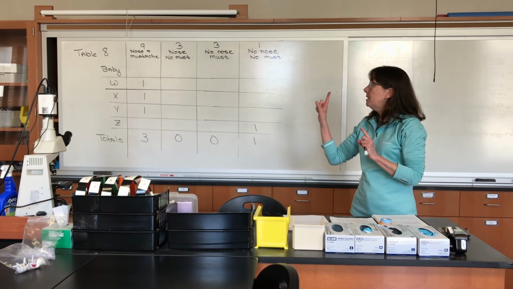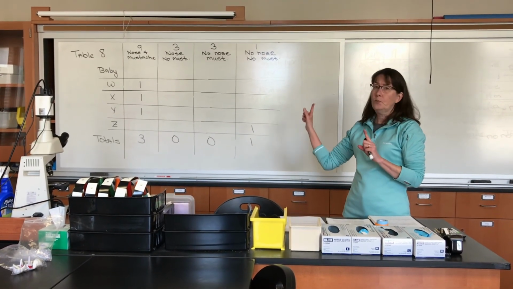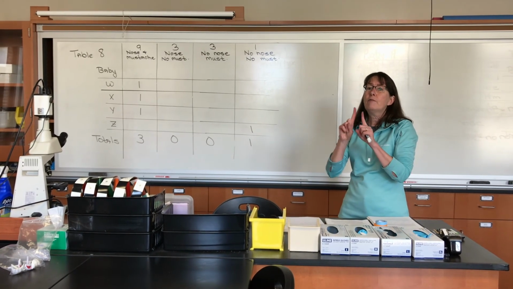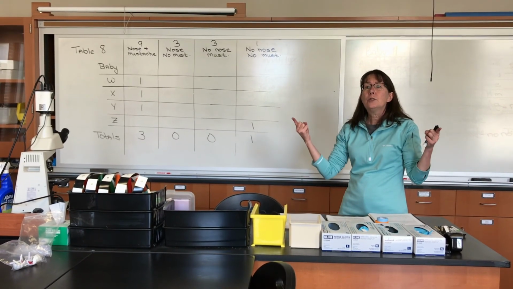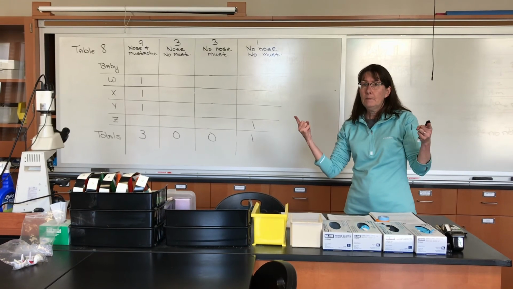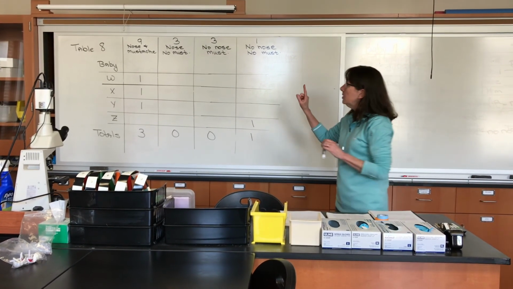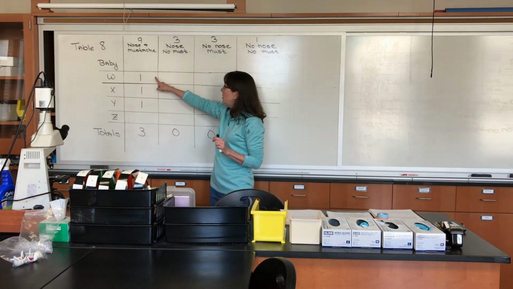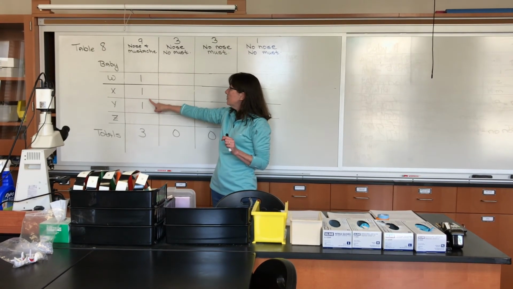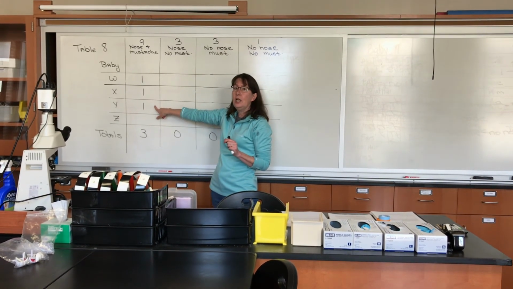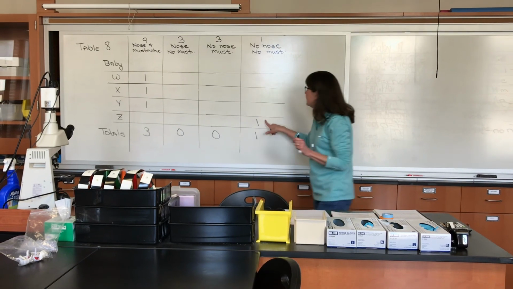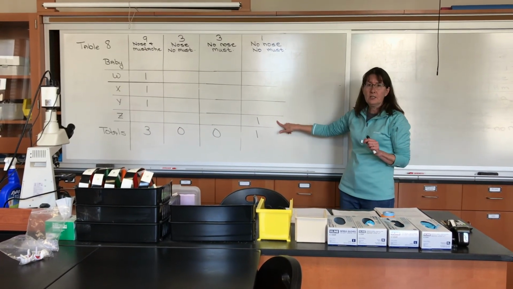But remember, babies W, X, Y, and Z came from our first baby spuds that we made. Baby W had a nose and mustache, baby X had a nose and mustache, baby Y had a nose and mustache. Baby Z had no nose and no mustache.